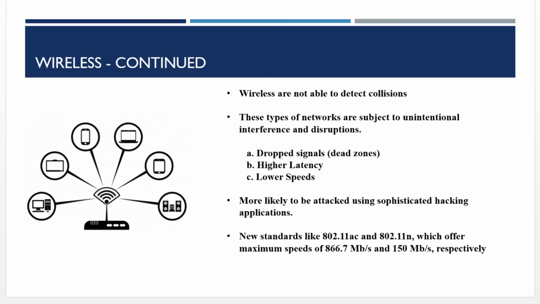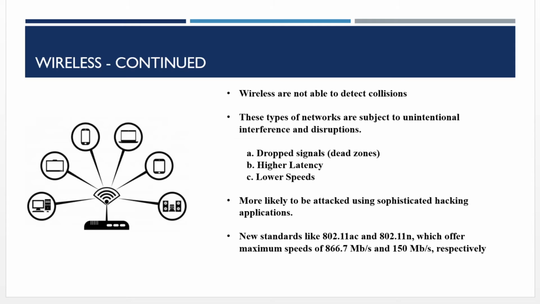The new standards like 802.11 AC and 802.11 N offer a maximum speed of 866.7 megabits per second and 150 megabits per second respectively.